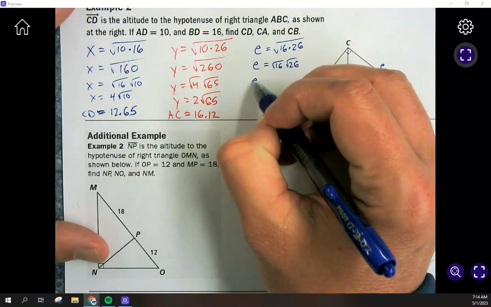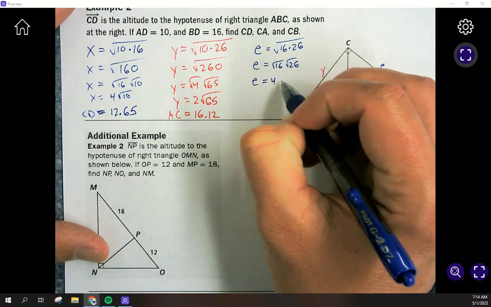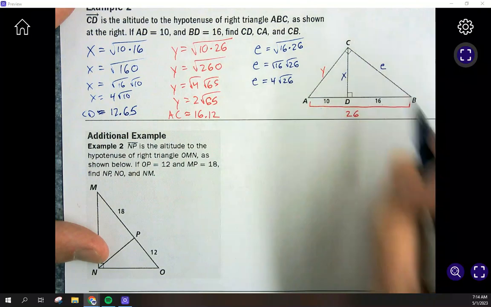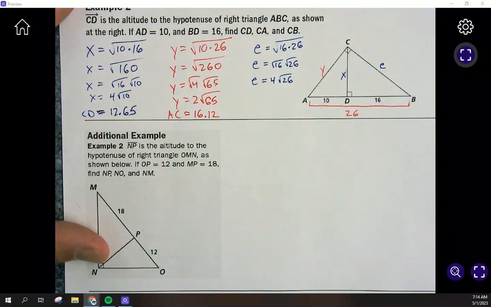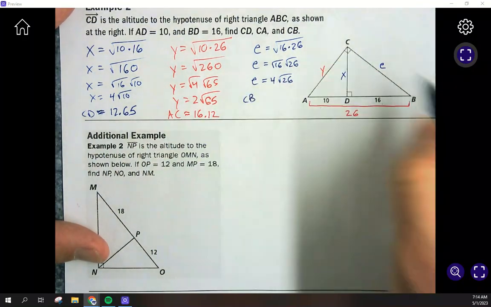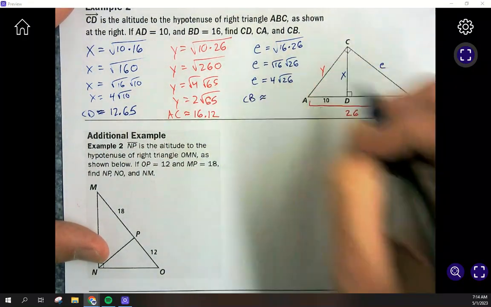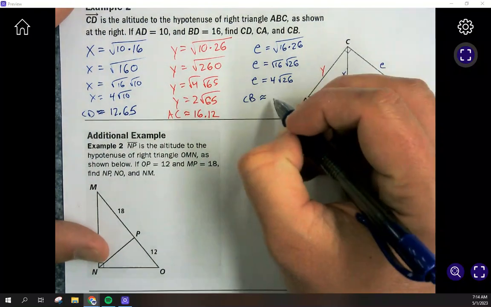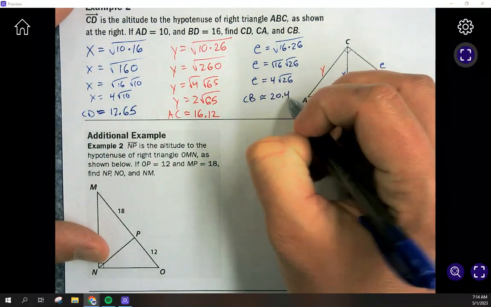I know the square root of 16 is going to be 4. And 26 cannot be broken into anything that has a square root. So that is fully simplified. And so CB, if I went ahead and got the decimal version here, it comes out to approximately 20.4.